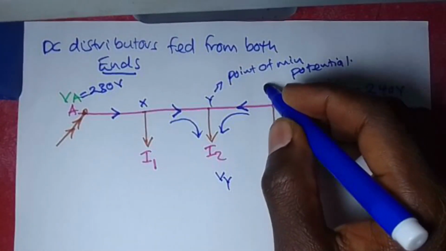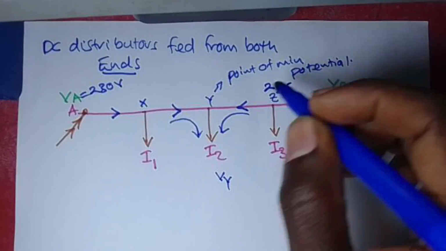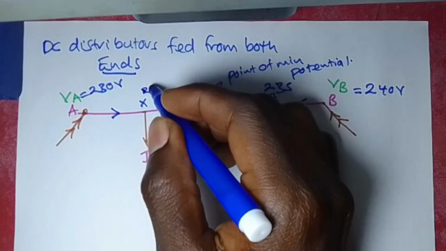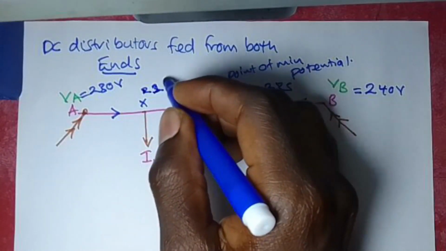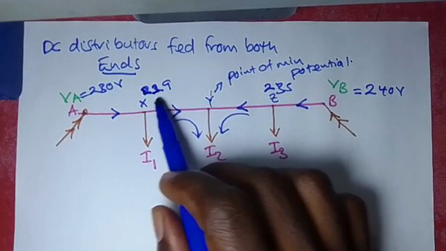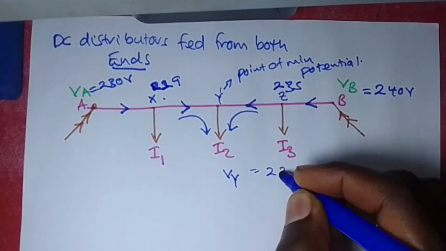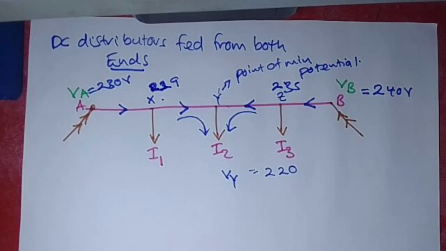Maybe this is going to be 235, maybe this 230, 229. You're going to find that the voltage at Y will always be smaller than either of these two. Let me give it 220. So the voltage at Y is always going to be smaller than the other two that you have in your line.